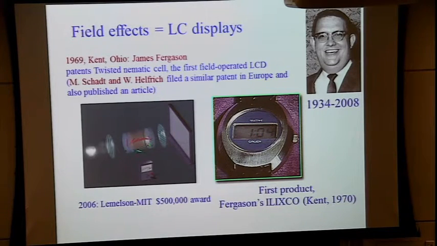This is the principle. By applying an electric field, you change the orientation of molecules, so the polarized light comes through the cell with different polarization properties, and if you arrange things properly, you would see either a beam that goes through or a beam that is totally prevented from going through by the second polarizer that is placed after the liquid crystal cell.